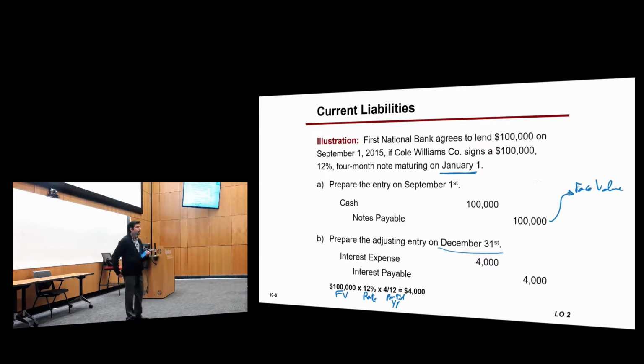Now, on maturity date, the company will have to pay 2 amounts. The face value, that's the original loan, plus interest. All the interest will be paid at that time.